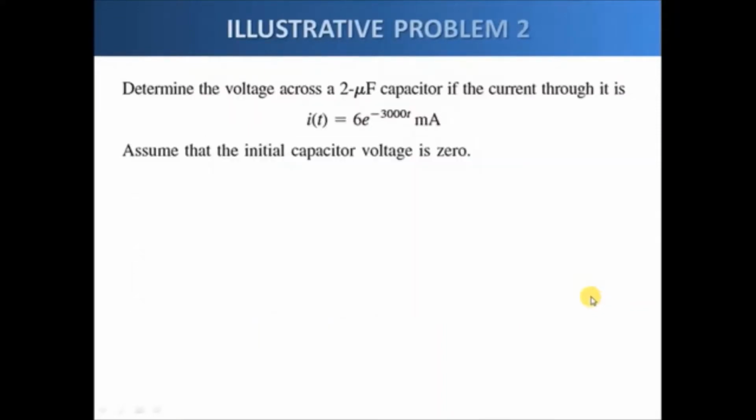Now in the second example, let's say we have a 2 microfarad capacitor and current is flowing towards this capacitor. Let's assume that the capacitor has no initial voltage.